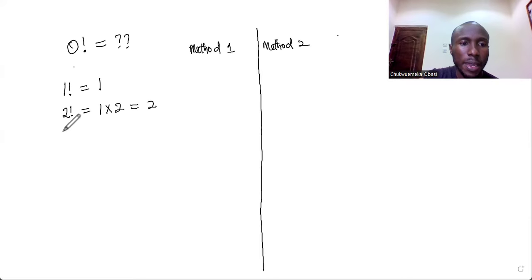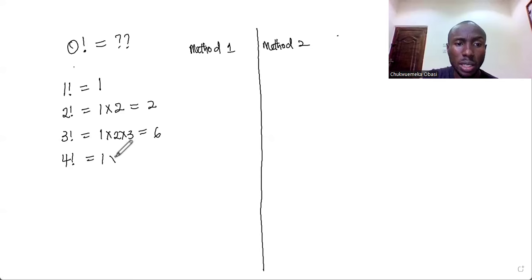And 3 factorial is 1 times 2 times 3, and that is going to be 6. That is what factorial is all about, the product of the numbers from 1 to the number itself. So 4 factorial is 1 times 2 times 3 times 4, and that will be 24.